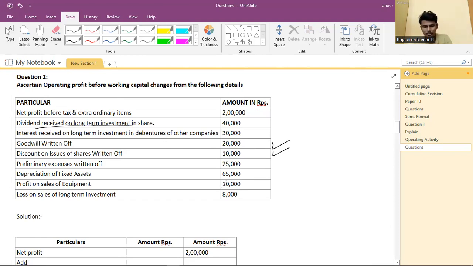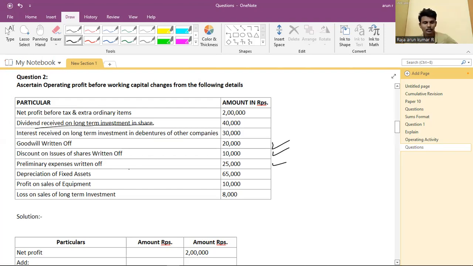Preliminary expenses written off. This kind of small detailed transaction is given in the examination like a twisted question. I give the detailed transaction with some small sums, then only you can understand that this small transaction is also asked in the examination, and you are able to answer it. Simple.